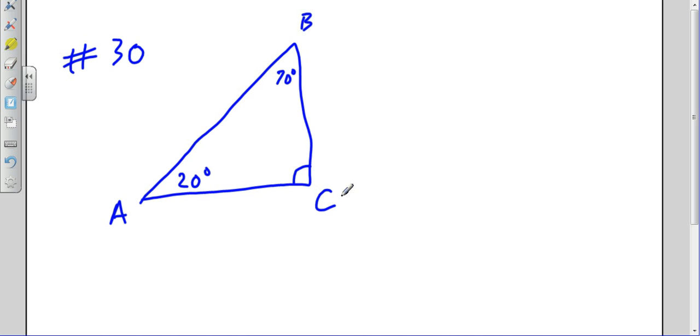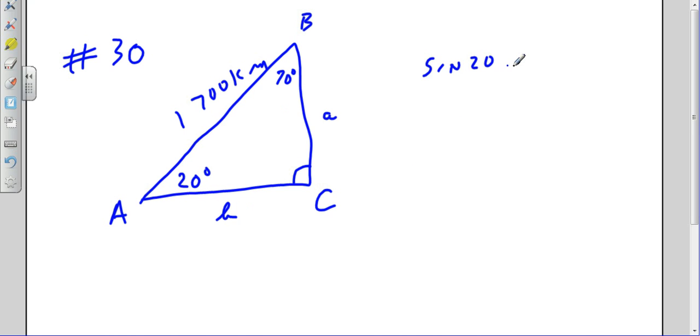C is sitting down there. The hypotenuse is 1700 kilometers. And so I want to find the little a over here and the little b over here, the sides opposite those angles.